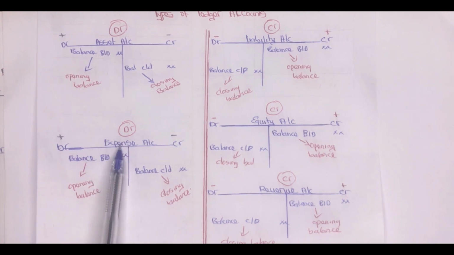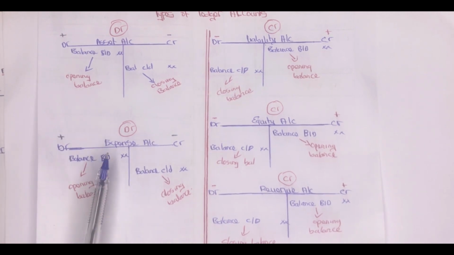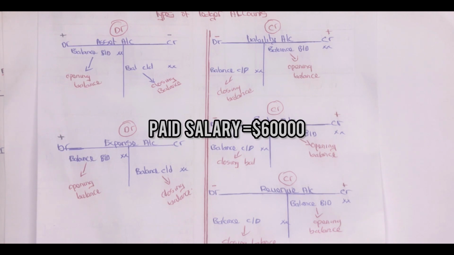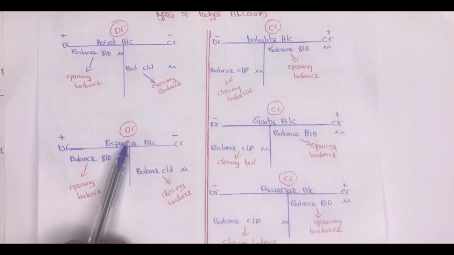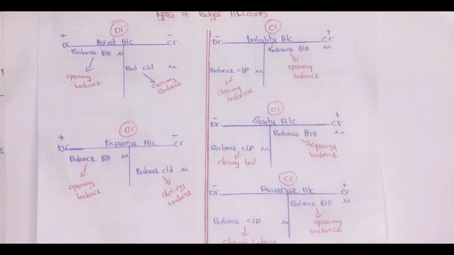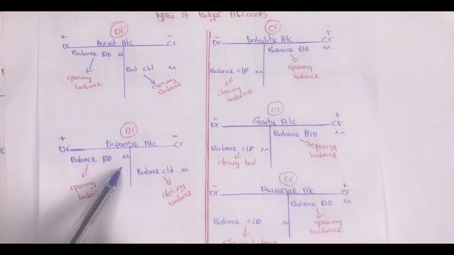For instance, rent, you write it here, not expense account, please. Or you write electricity bill here. It is an expense account, or salary. If you pay salary, say you paid salary of $60,000, the name salary will fall here, salary account. And then you paid with cash. So you write cash here and you write 60,000 here.